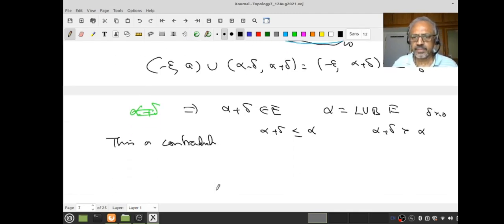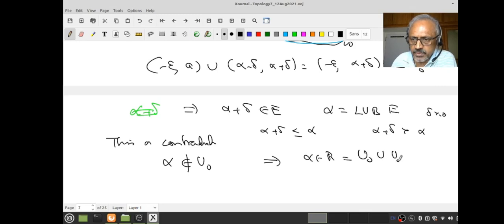Therefore, what can I conclude? I conclude alpha is not in U0. Since R is U0 union U0 complement, alpha must be in U0 complement.